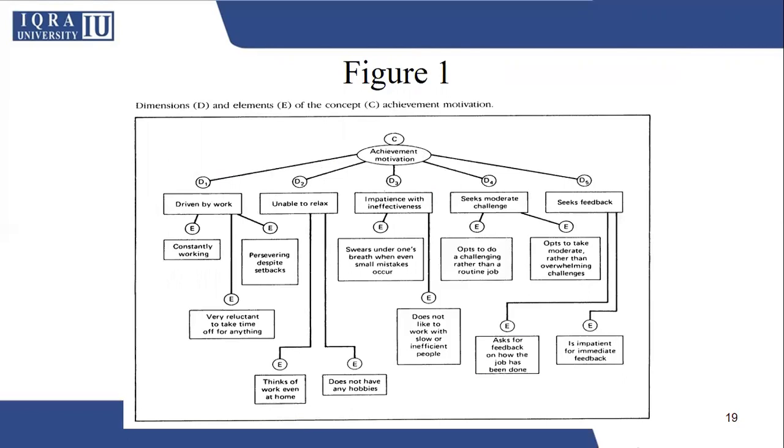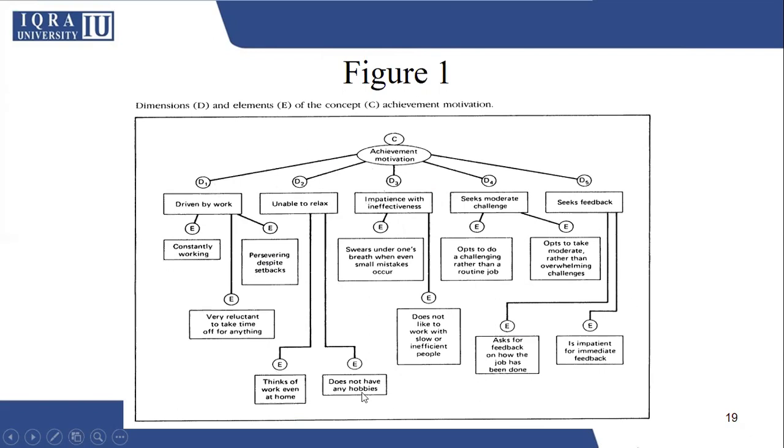In order to fully operationalize this concept, these dimensions were broken down into further elements: constantly working, persevering despite setbacks, very reluctant to take time off for anything. These two elements are addressing this dimension, and so on.